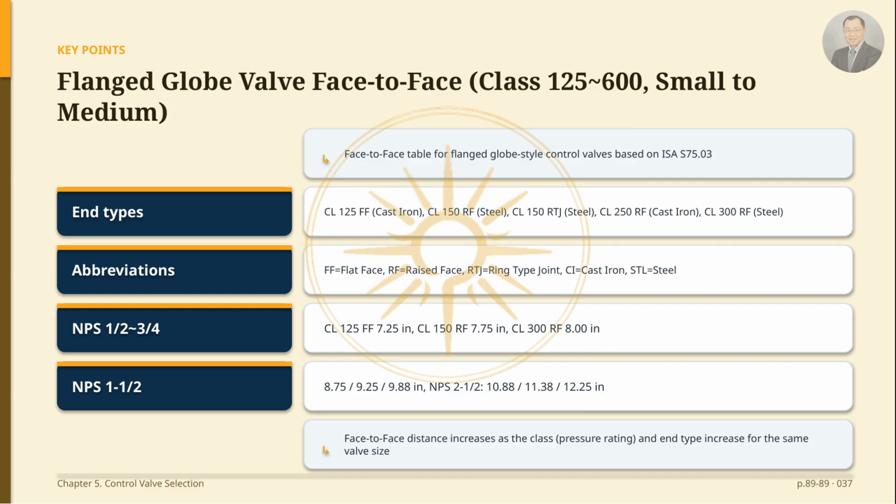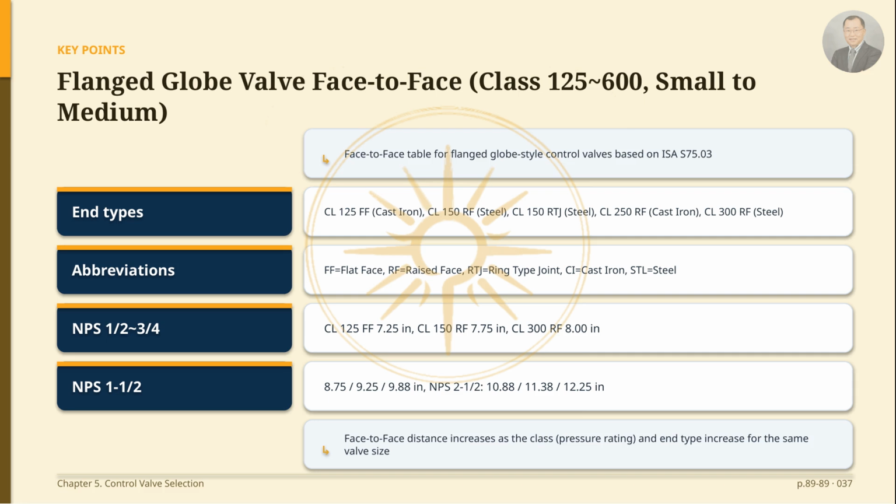Looking at the specific values, for NPS 1/2 in and 3/4 in, the Class 125 flat face is 7.25 inches, Class 150 raised face is 7.75 inches, and Class 300 raised face is 8.00 inches.